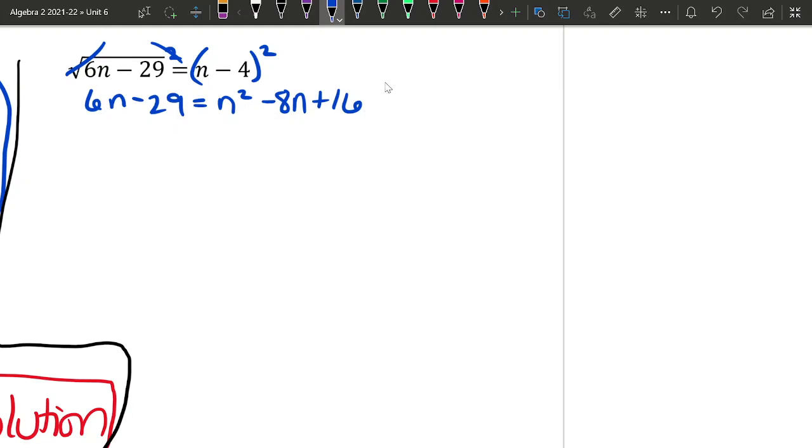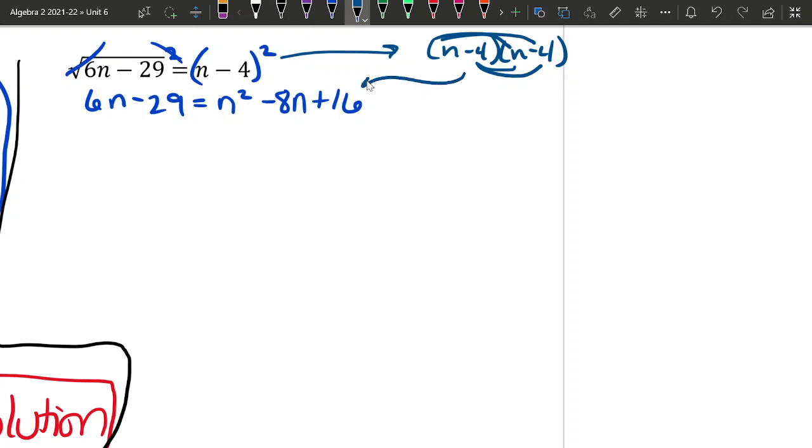If that doesn't make sense to you, it's perfectly fine to take it to the side and do n minus 4 times n minus 4 and multiply the whole thing out. When you do that, you'll end up with this. Whichever way makes sense to you, that's the way you should do it.